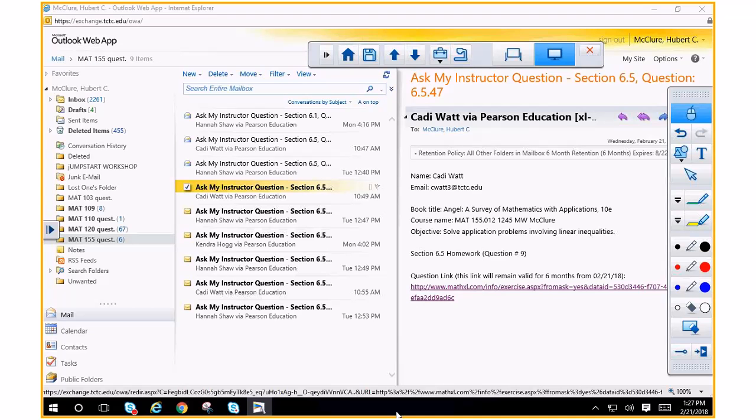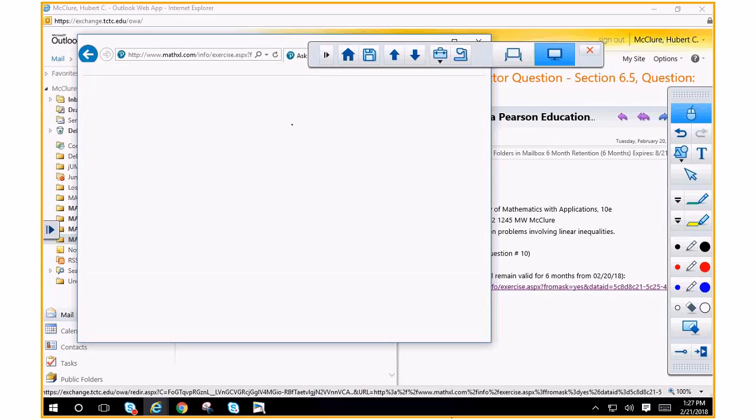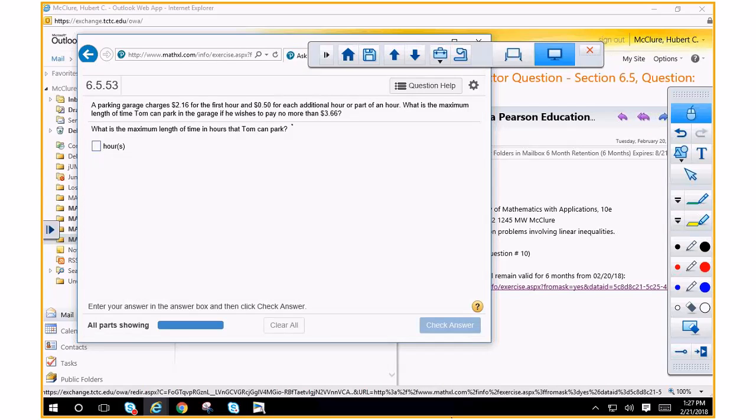All right, 6.5, 53/10. A parking garage charges $2.16 for the first hour and 50 cents for each additional hour or part of an hour. What is the maximum length of time Tom can park in the garage if he wishes to pay no more than $3.66?